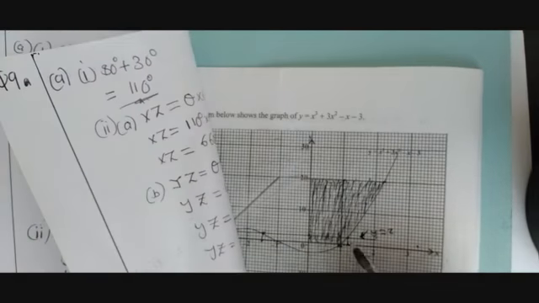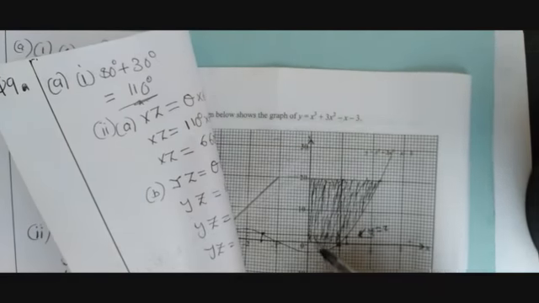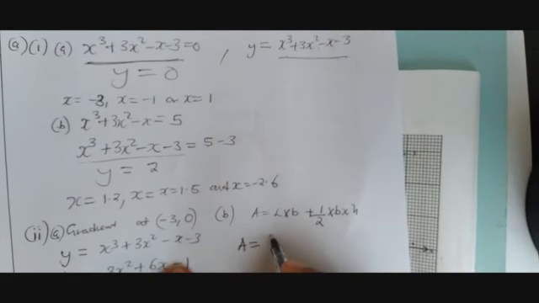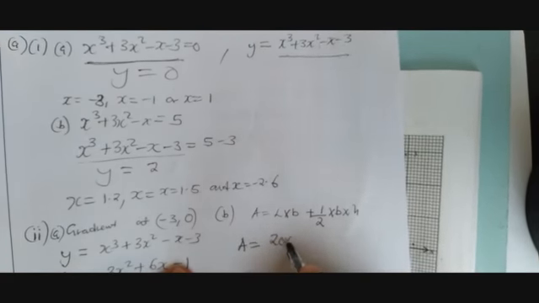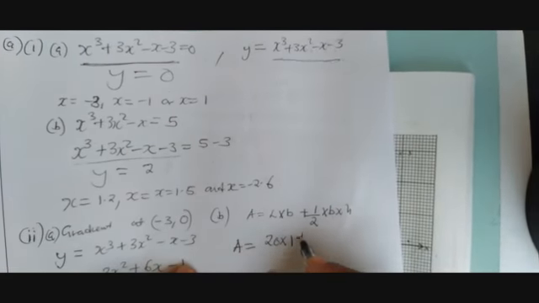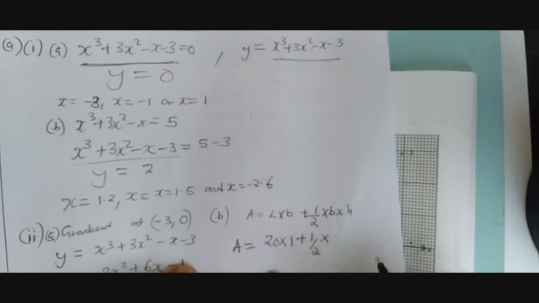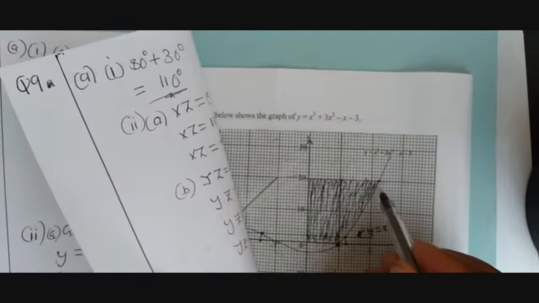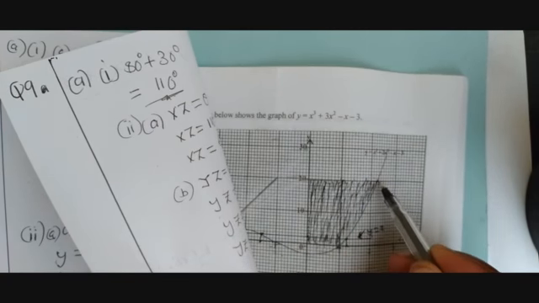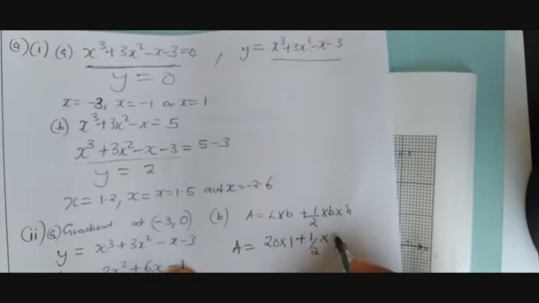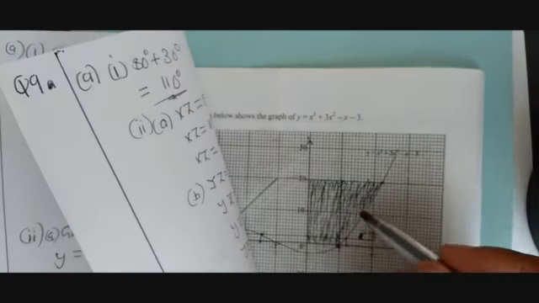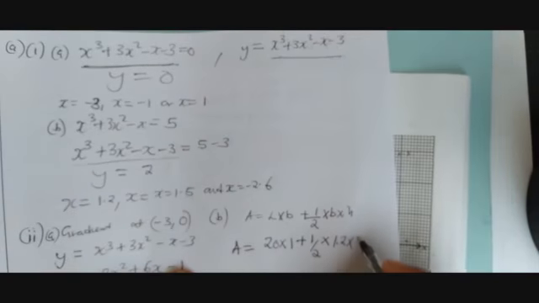What is our length? When you look at this one, it's from there to there, which is 20, and our breadth is about 1. So you say 20 by 1. Plus half times, what is our base? If I'm dealing with this triangle, the base is from there to there, which is 1.2. Times, what is our height? Our height is from there to there, which is 20.